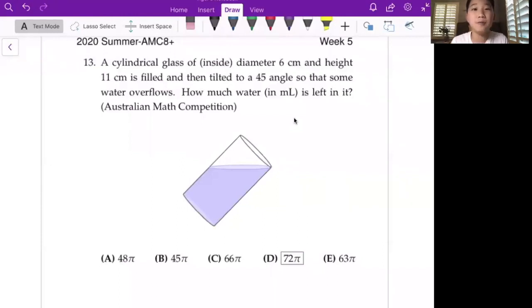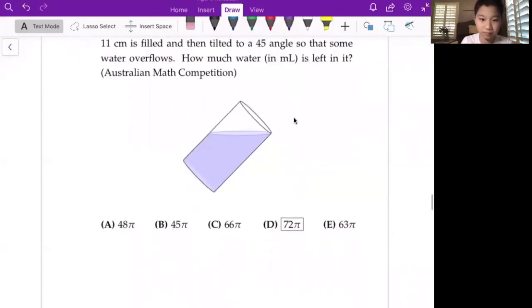Problem 13. A cylindrical glass of inside diameter 6 centimeters and height 11 centimeters is filled and then tilted to a 45-degree angle so that some water overflows. How much water in milliliters is left in it? So here's this thing.